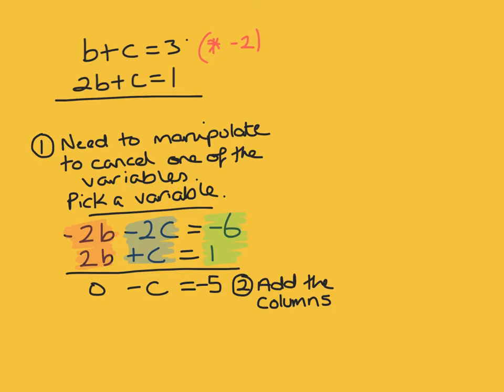Now if you imagine this -c, that's the same as -1c equals -5, and I don't want a -c, I want just c. So what I'm going to do is divide both sides by -1, and what I get is that c equals 5.